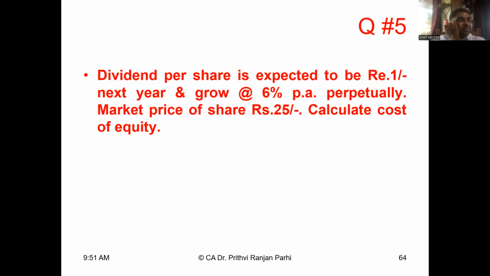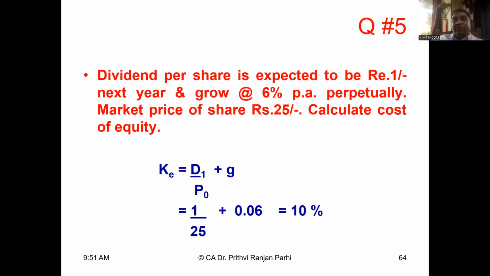Here is a question. Dividend per share is expected to be rupee 1 next year and grow 6% per annum perpetually. Market price of share is 25. Calculate cost of equity. Very, very simple question. We'll compute like this.